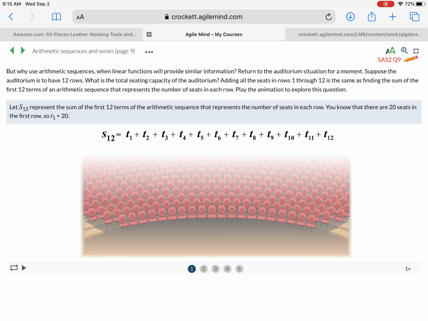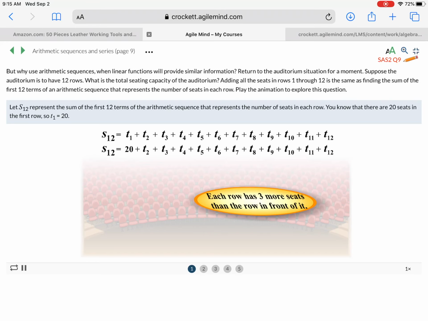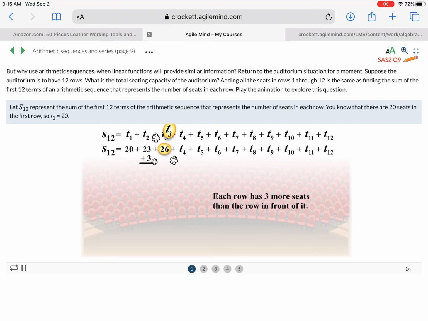Okay? So I'm going to hit this play button first. It tells us that there are 20 seats in row 1. Okay? Each row has 3 more seats than the row in front of it. We've already filled some of this chart out. Okay, so all it's doing right now is adding 3 each time.